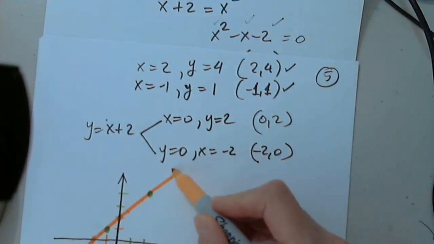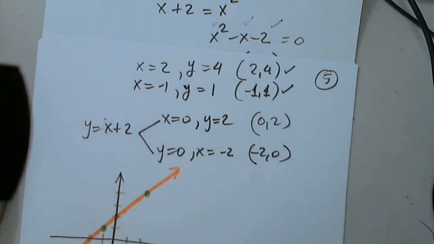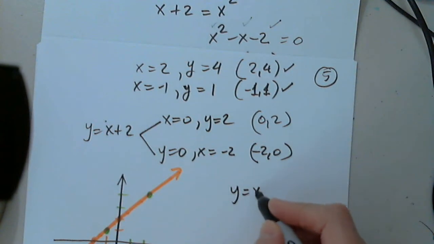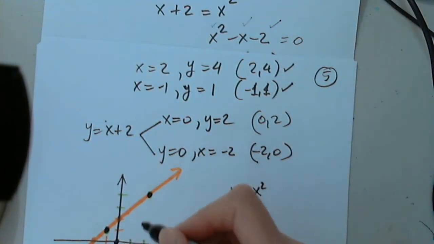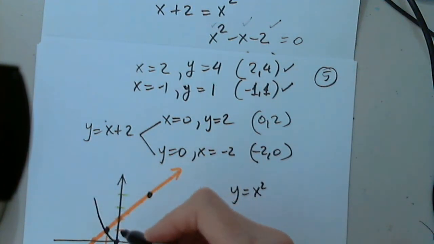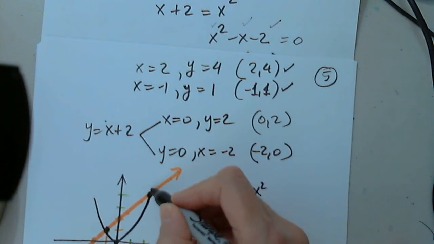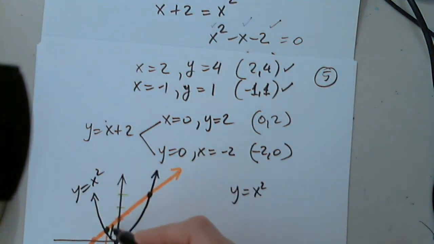This is the line. So this is y equals x plus 2. And now for y equals x squared, we know that 2, 4. So y equals x squared.